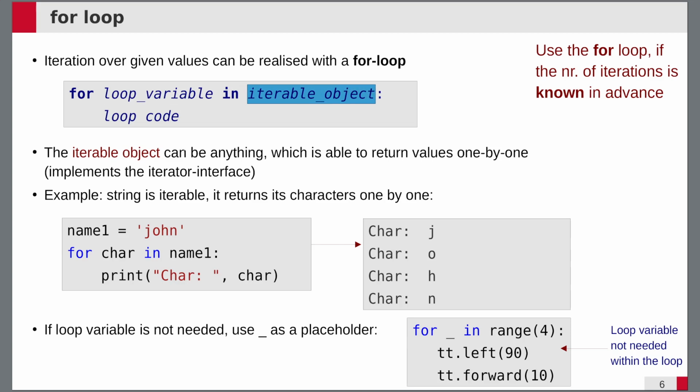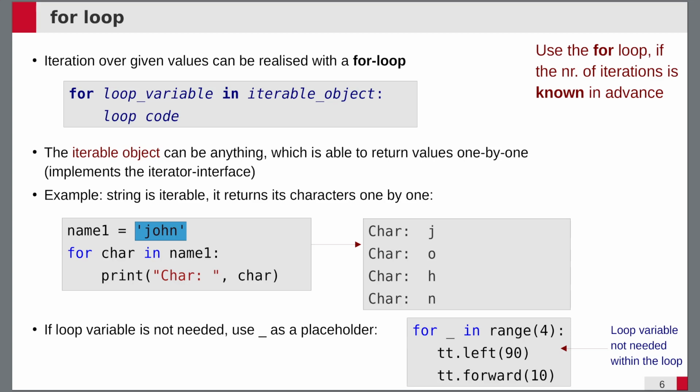The iterable object has some special way it's defined in Python, but many objects, where you wouldn't know it from the beginning, can serve as an iterable object. For example, a string like John is actually an iterable object.